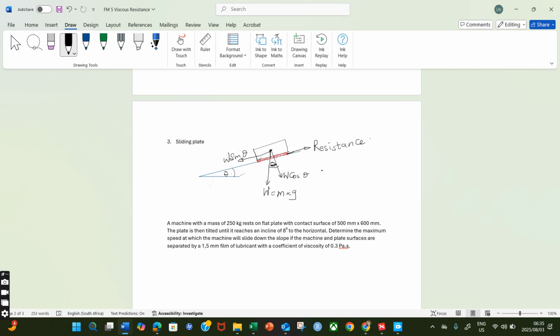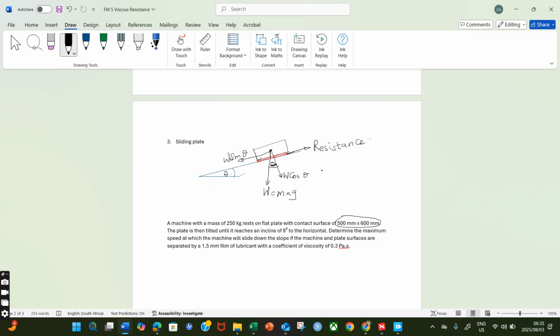So the question that we've been given here says: a machine with a mass of 250 kilograms rests on a flat plate with a contact area of 500 millimeters by 600 millimeters.